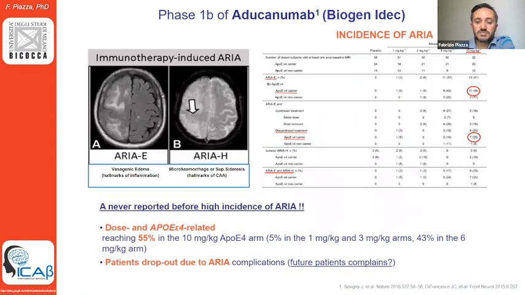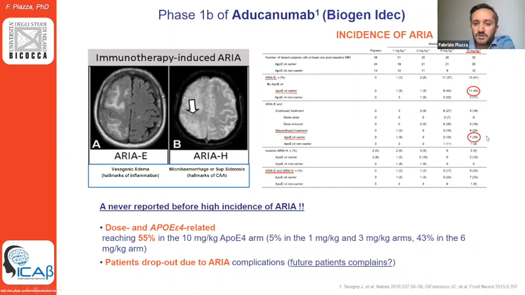But what was less reported was this table in the supplementary material, where I was immediately surprised by the high incidence of ARIA-E, which reached 55% in patients that were ApoE4 carriers.